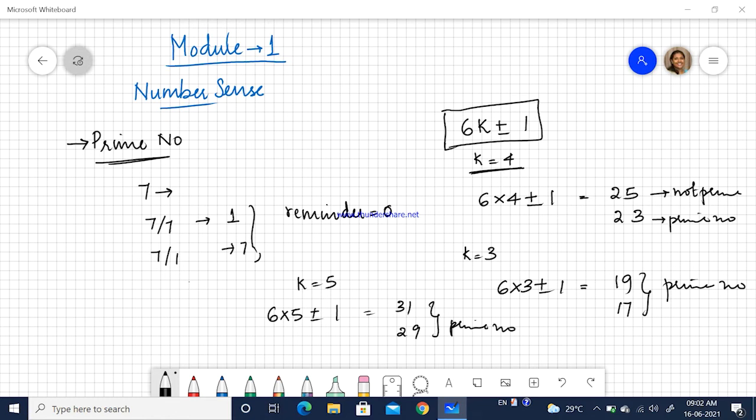So a prime number means it has only the factors 1 and itself. Now let's see what a composite number is.